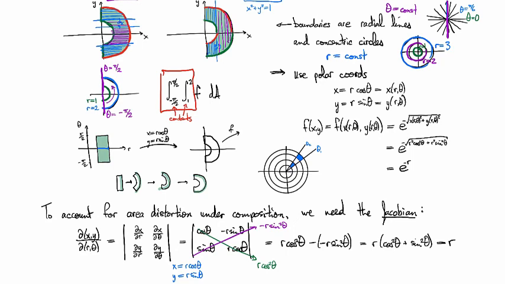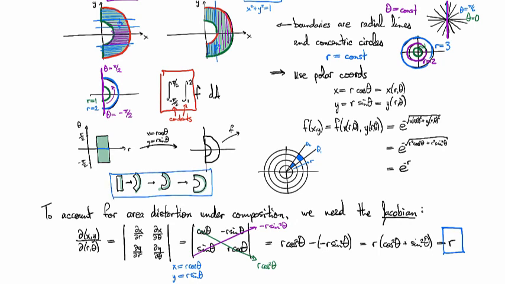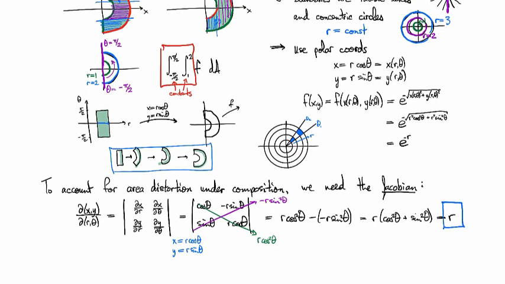In fact, the area of these little boxes increases linearly with r as you go outwards. And that r is exactly what this r is right here. It's taking into account this distortion where the little patches of area further from the origin are getting stretched out larger and larger. And so this is our dA term.